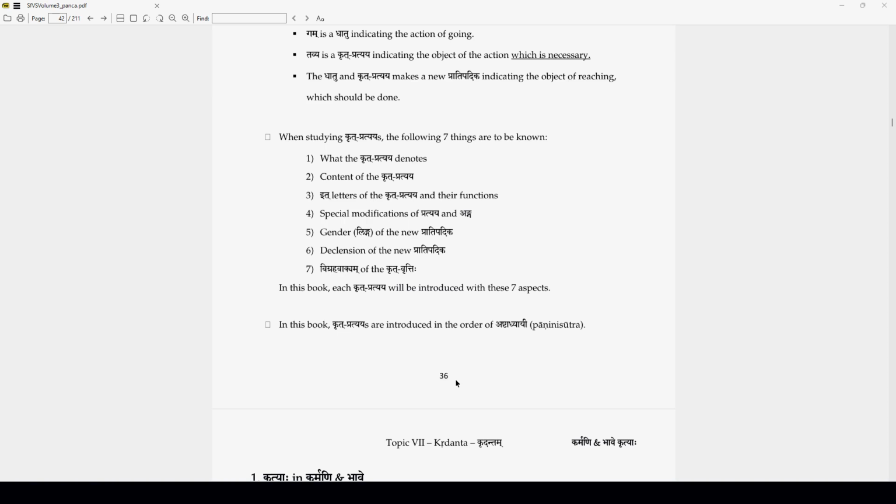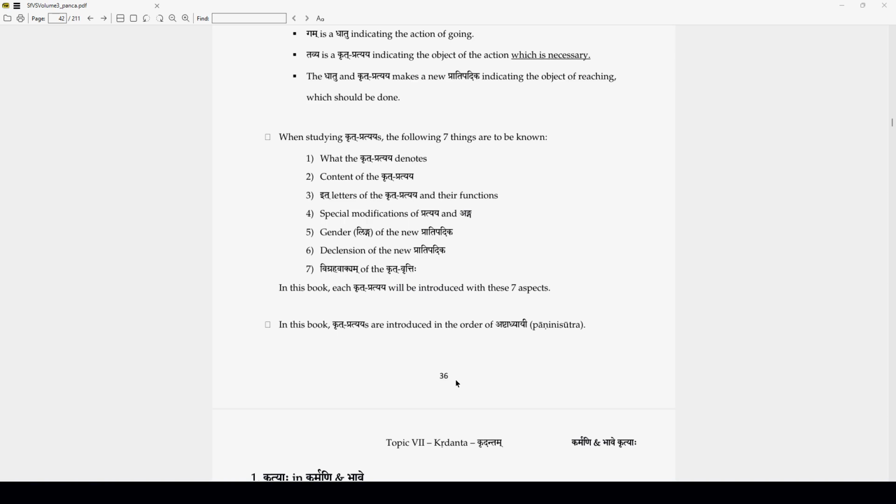It doesn't have any particular meaning. It is just a technical term used for the letters which need to be removed from the pratyayas during the derivation process, prakriya. Then you have special modification of pratyaya and anga.